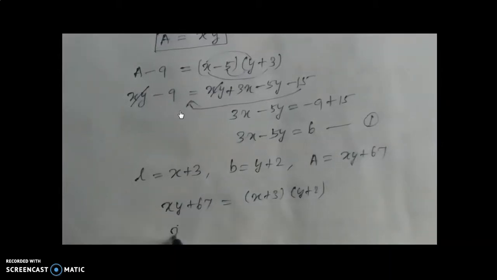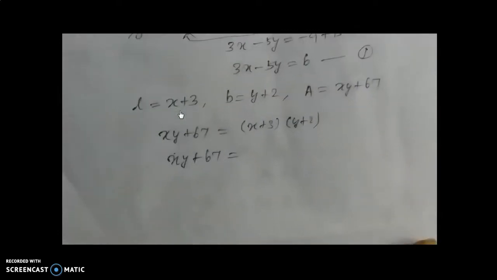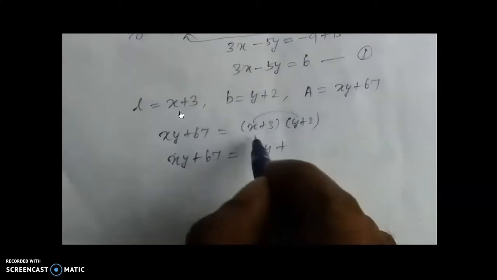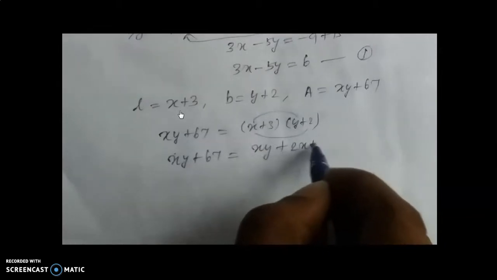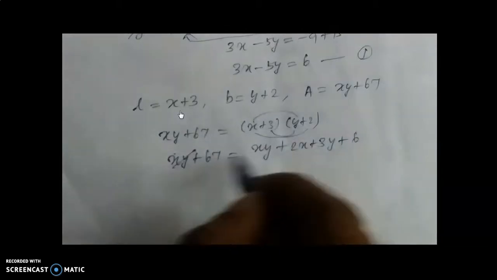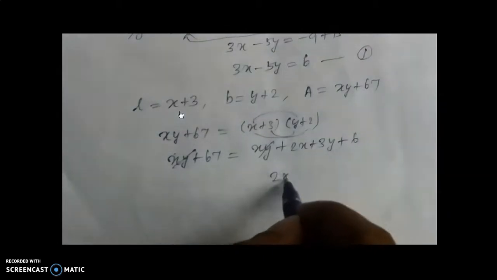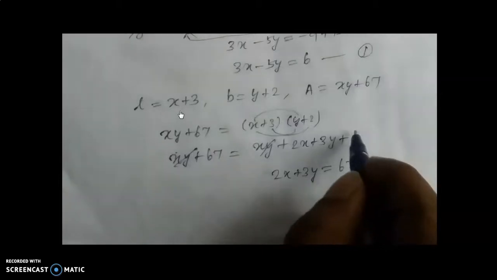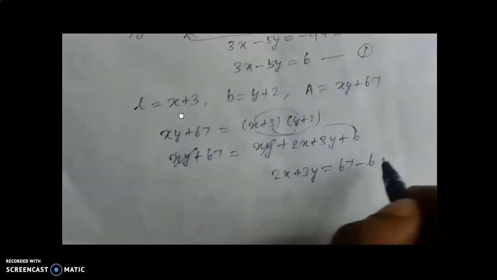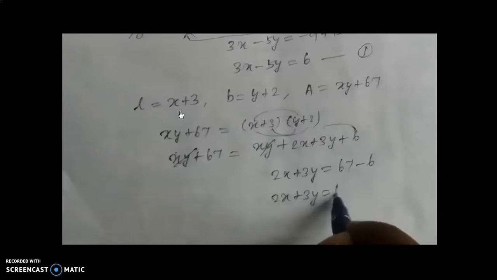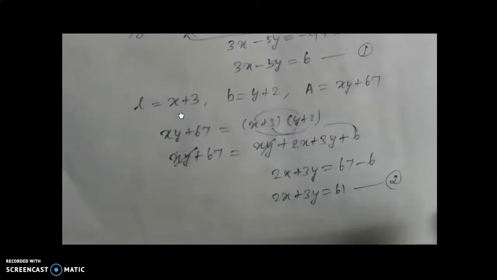So xy plus 67 equals, now multiply these two. x into y is xy, plus multiplying with the 2x, and taking 3 and multiplying, 3y, plus 3 twos are 6. So xy cancels. So 2x plus 3y equals 67, and transposing the 6 to that side it becomes minus 6. So 2x plus 3y equals 61. That is equation number 2.